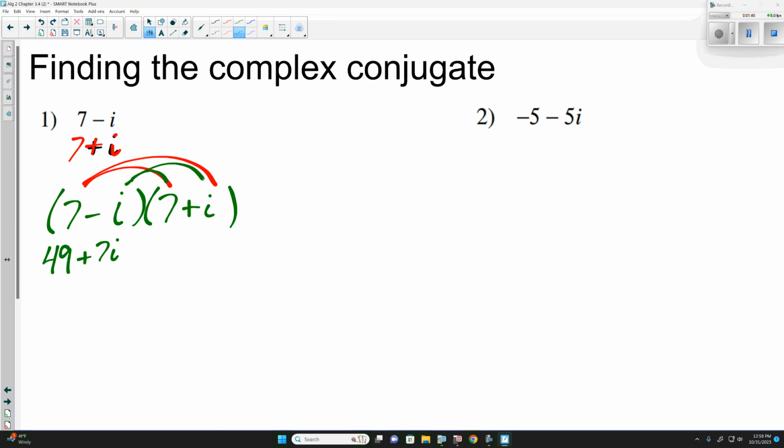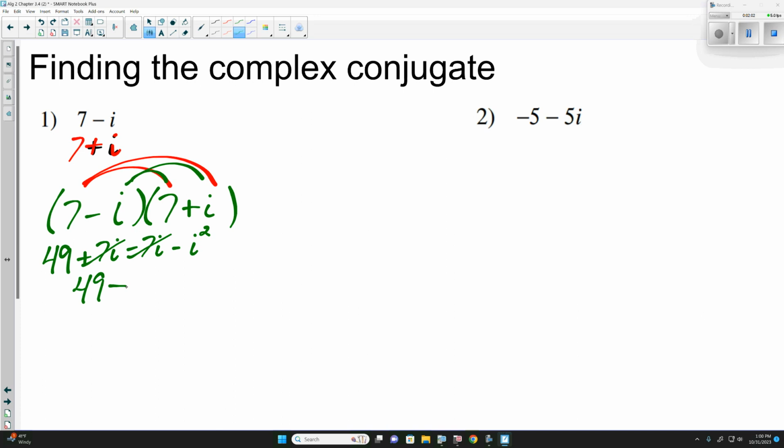Then we do the same thing with negative i. Negative i times 7 is negative 7i. And negative i times i is negative i squared. Well, 7i minus 7i is 0.